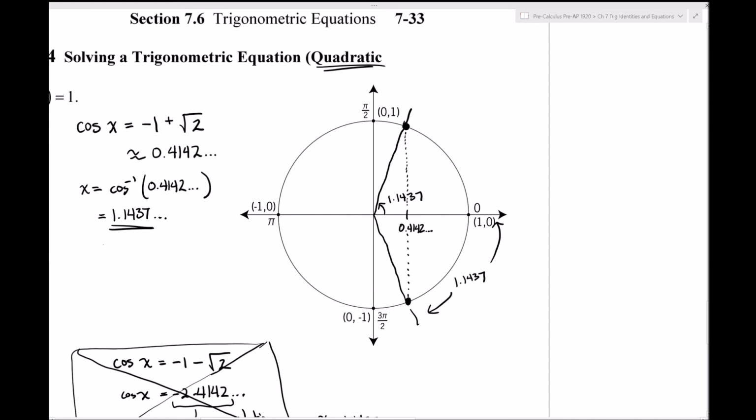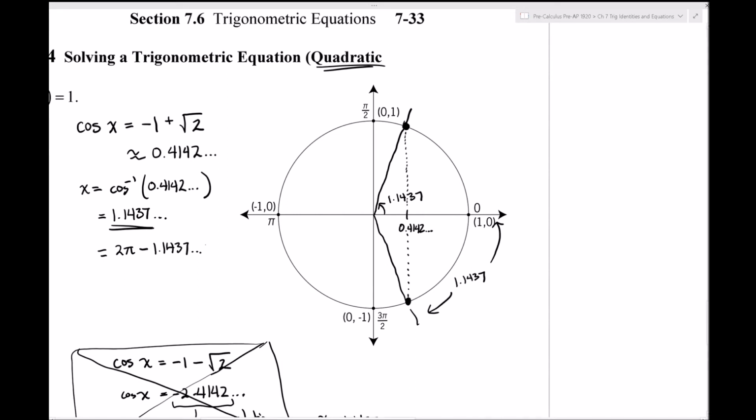So what that looks like is 2 pi minus 1.1437. So let's try that. 2 times the pi button, and then minus this number that I got from cosine inverse.